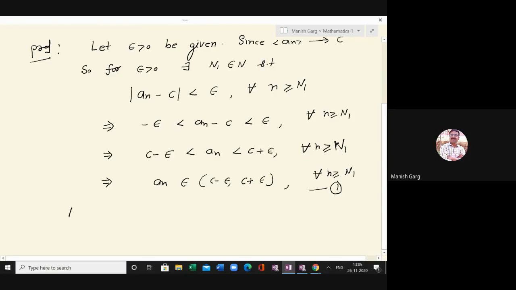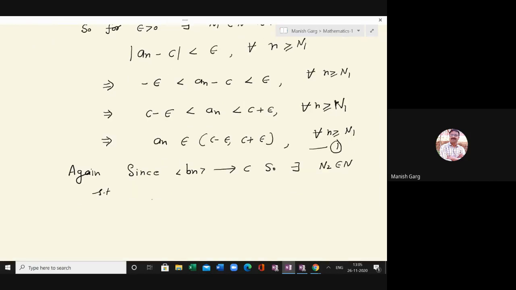Again, since the sequence bn converges to c, there exists n2 in N such that mod bn minus c is less than epsilon for all n greater than n2.